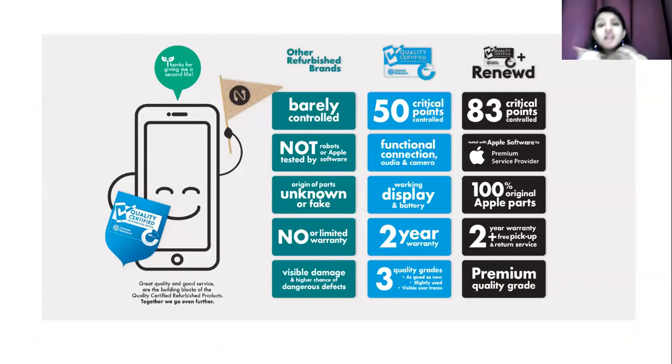The external parameters are things like the display, the buttons, the length, width, thickness, and scratches. If there is a camera, then how is it working? Power mode, charging, and slots. Everything has to be checked. If there are buttons, then whether the buttons are intact or not. So these are the things involved externally.